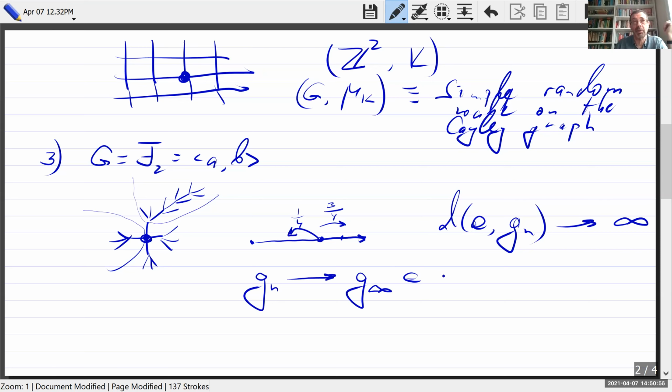Since we're talking about the free group, one can say that this is the space of infinite words. Or since the Cayley graph is a tree, one can say that's a space of ends, or in a fancier way, one can say that that's the Gromov hyperbolic boundary of this tree.